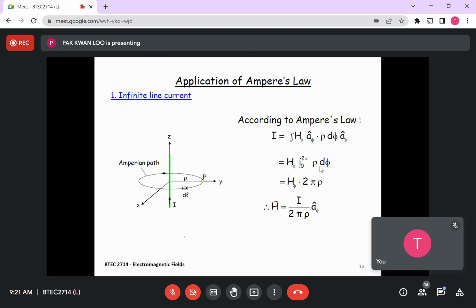For Gauss's law, we call it the Gaussian surface. For Ampere's law, the name is quite similar. The path is called the Amperean path. We have to apply a symmetrical path, same as how we apply the Gaussian surface.